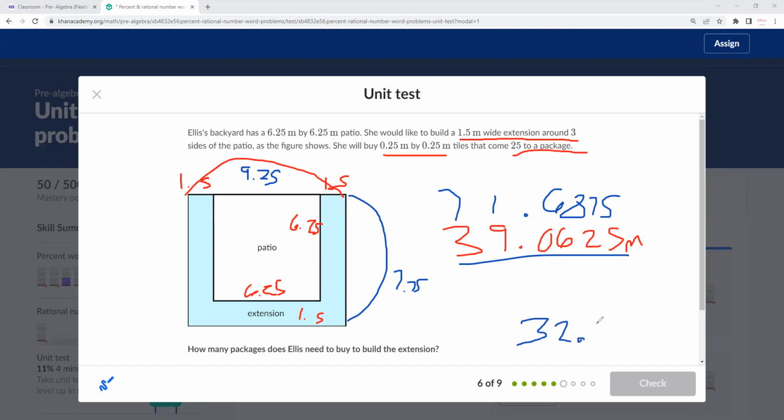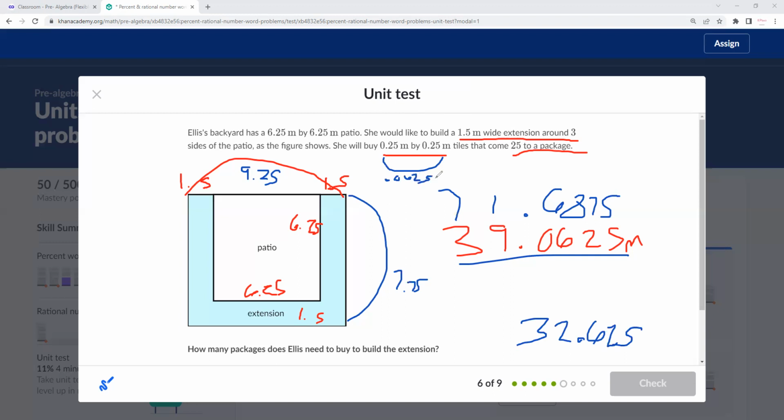So that is what we need. That's how much material we would need. So it says that each tile is 0.25 by 0.25. So that means each one's about 0.0625 square meters.